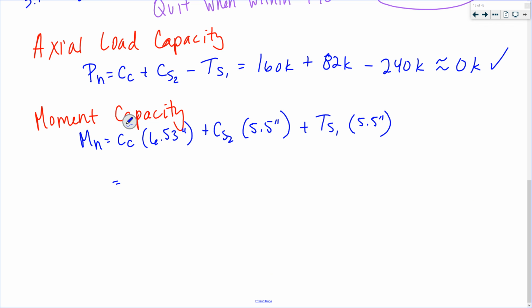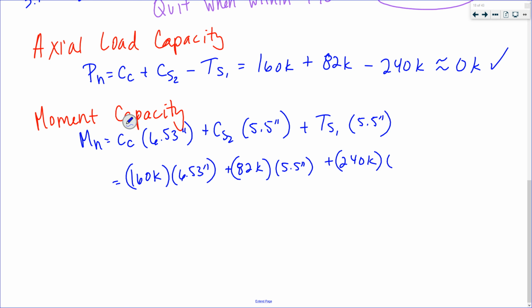That should give you 160 kips times 6.53 inches plus 82 kips times 5.5 inches plus 240 kips times 5.5 inches, which is 2,815 kip-inches, or 235 kip-feet.